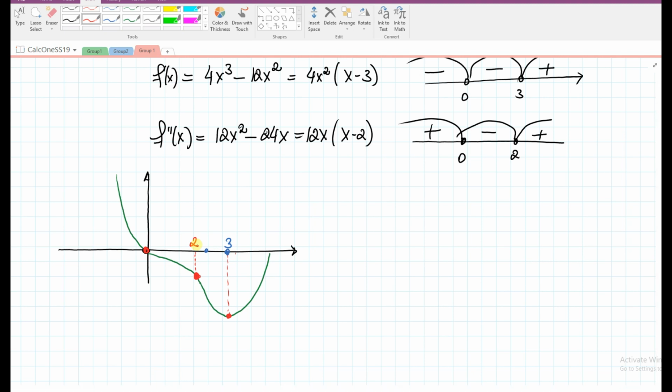Probably this one here, the 2, right? So the points x equal to 0 and x equal to 2 are special.